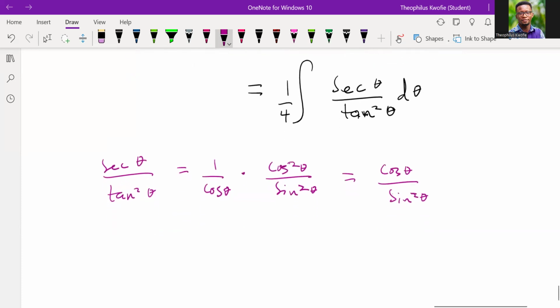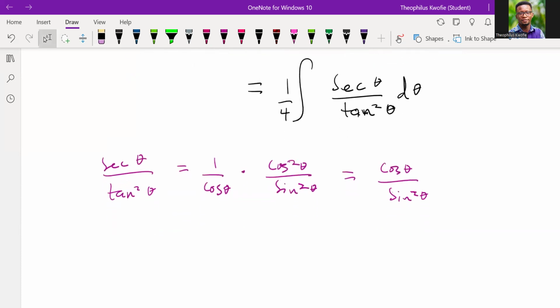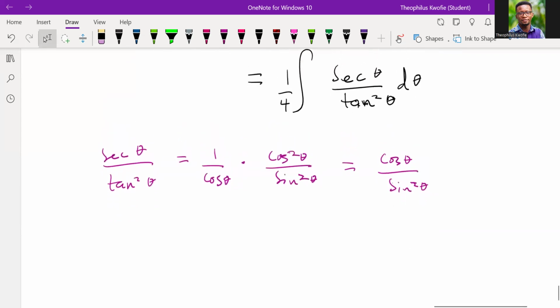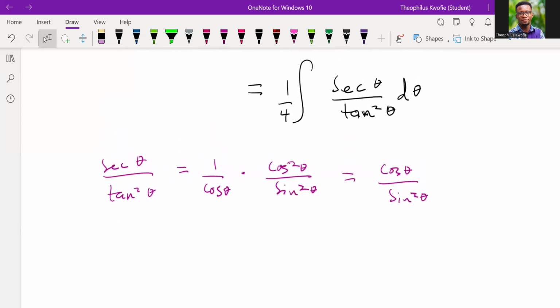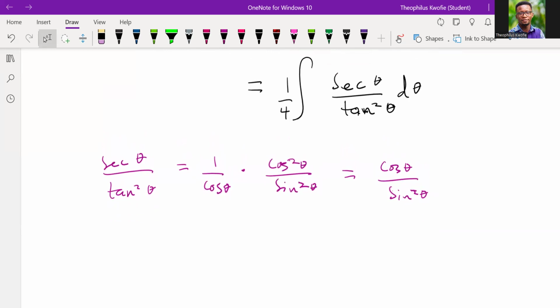Let's take note of that, very important. Now, therefore, making the substitution u equal to sine theta, we have, so before we continue, let me write it.